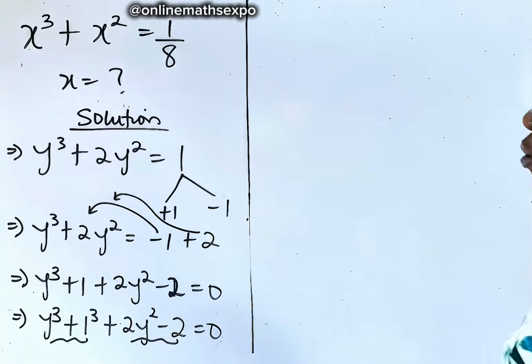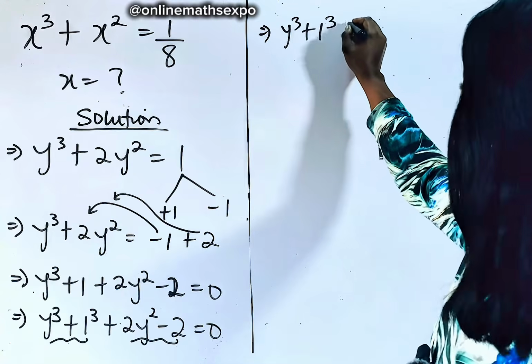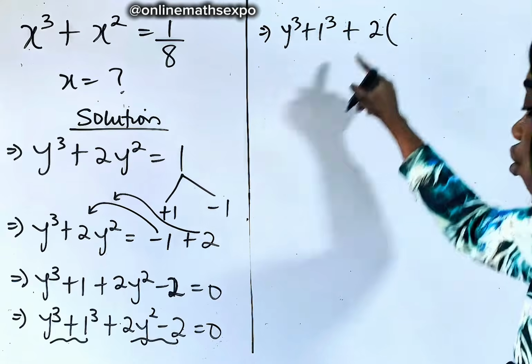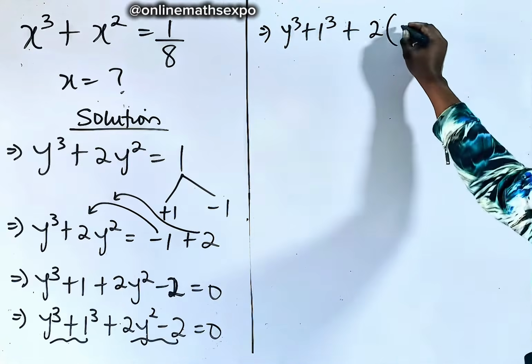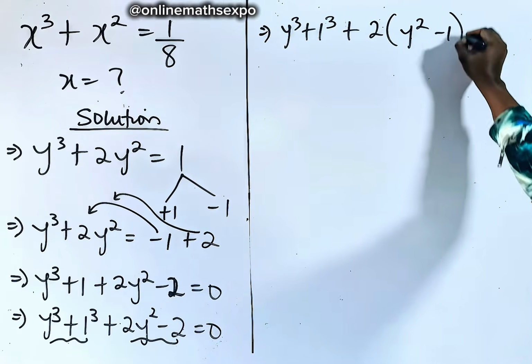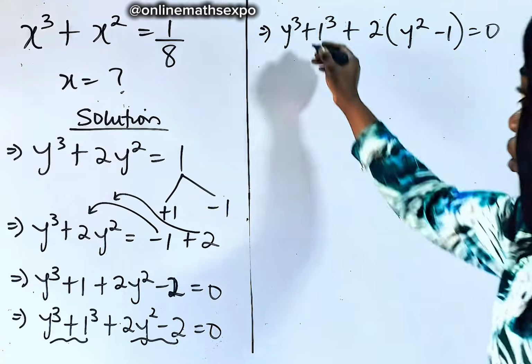So from here, we now have y cubed plus 1 cubed plus, we can factor 2 out. So we have 2 into, use 2 to divide this. It gives us y squared. Use it to divide -2, it gives us -1 is equal to 0. Now what do we do next?